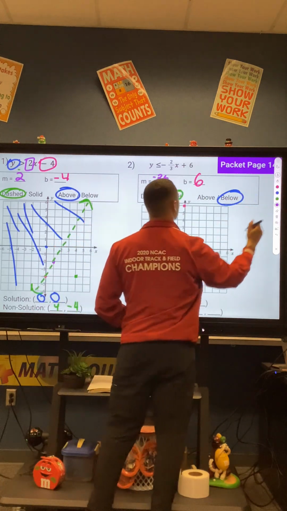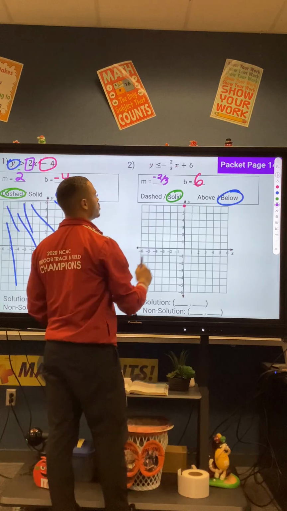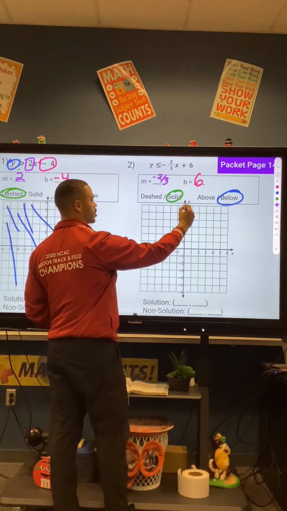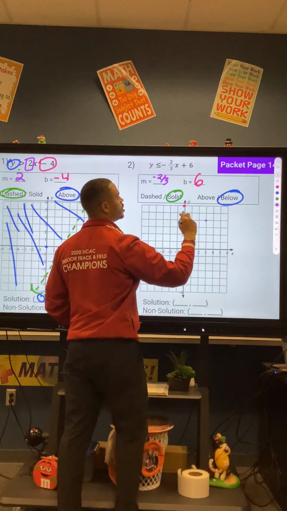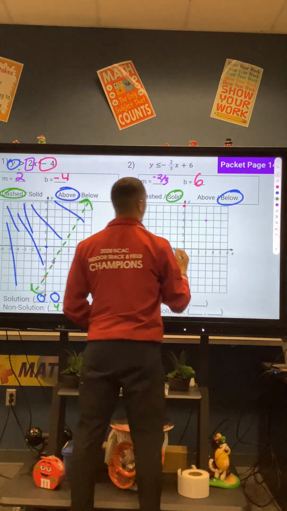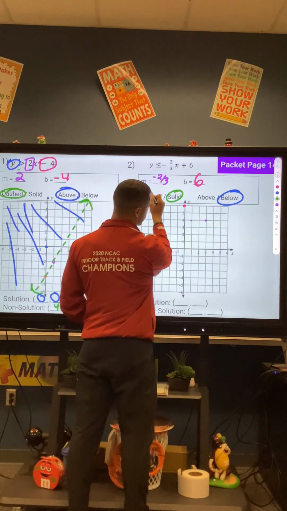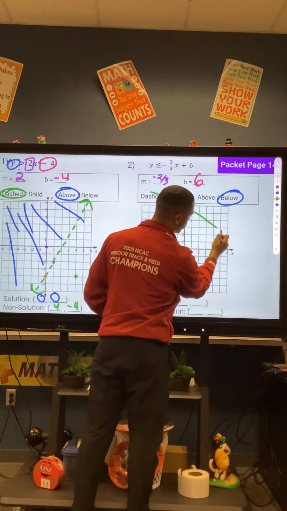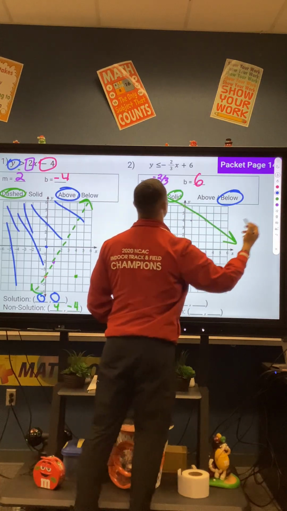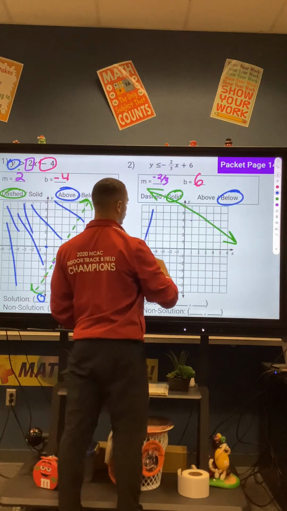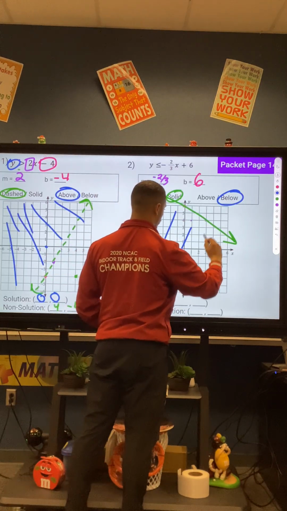My M value is my slope, which tells me from this point I'm going to go down 2, and to my right 3 points. I know it's a solid line, so now I'm going to draw a solid line through my points. And then, since y is less than or equal to, I'm going to shade below.